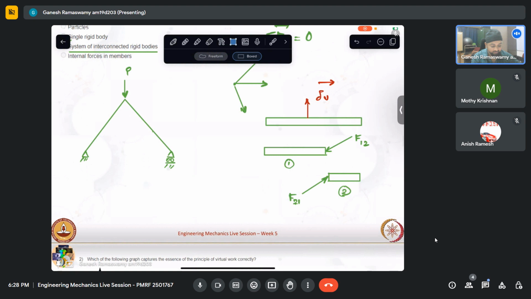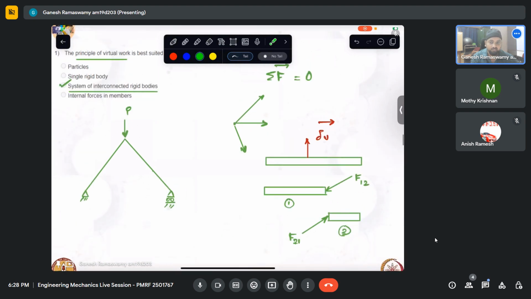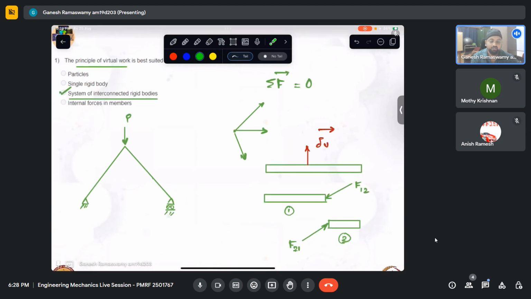In such a case, the virtual work done by this force will be nullified by the virtual work done by this force, because we have to take for the system the virtual work done. That is why when we separate out members to expose the internal forces, from Newton's third law, one becomes the opposite of the other, and work is a scalar quantity where our dot products can be positive and negative. So essentially, if this dot product is positive, this will be equal and negative, which will cancel out the effect. So I hope that that is clear.